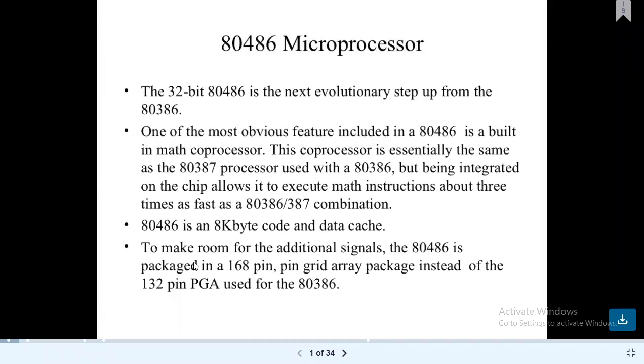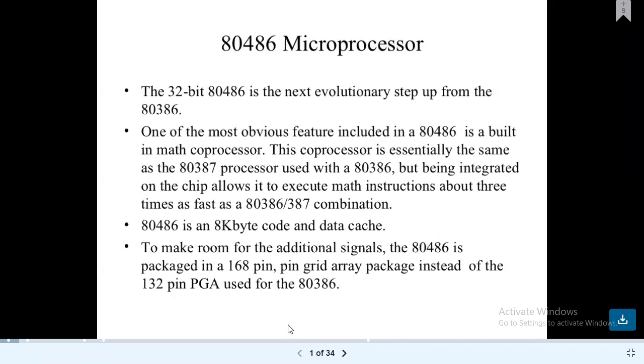One more key feature of the 80486 is the 8 kilobyte code and data cache. Data cache means the capacity for holding temporary data. In the 80486, the additional signals are packaged in 168 pins.